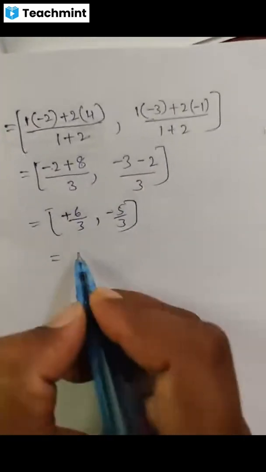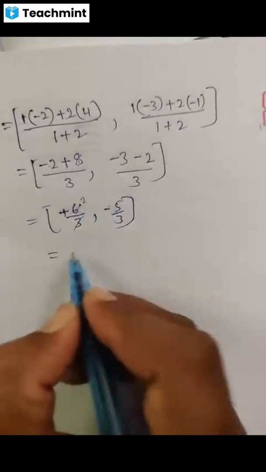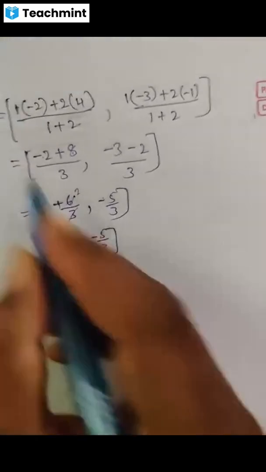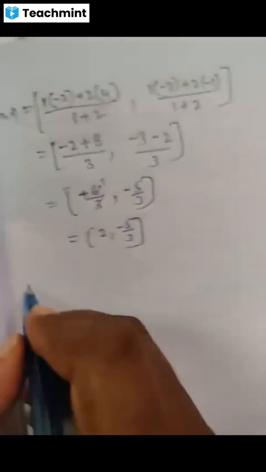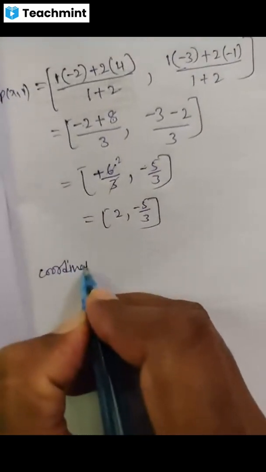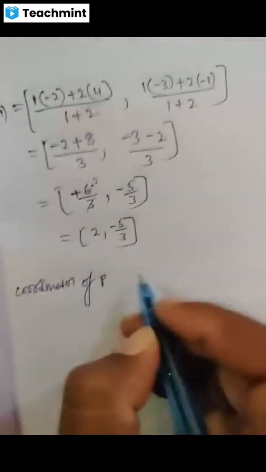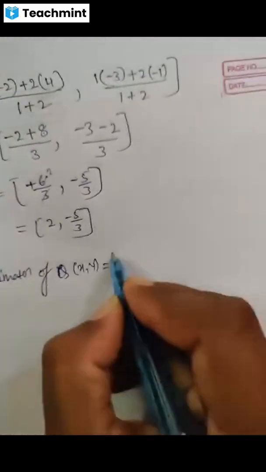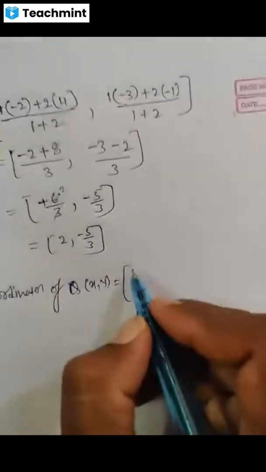So this is 2 comma minus 5 by 3. Coordinates of P are 2 comma minus 5 by 3. In the same way, to find the coordinates of Q(x,y), it is given by the same formula.